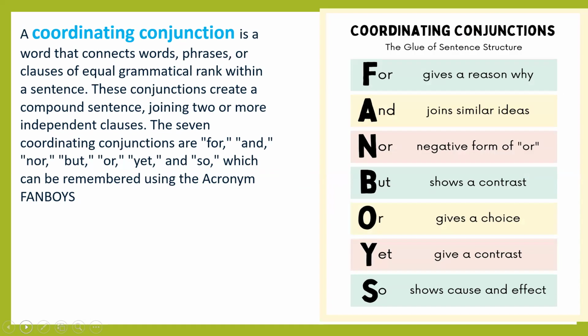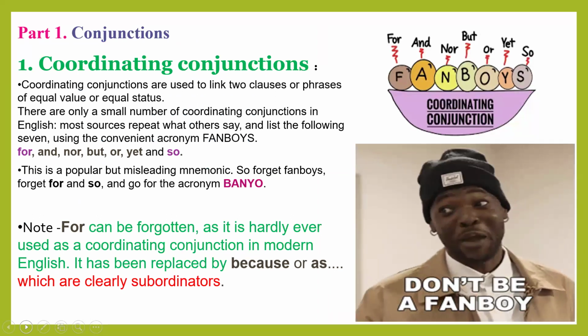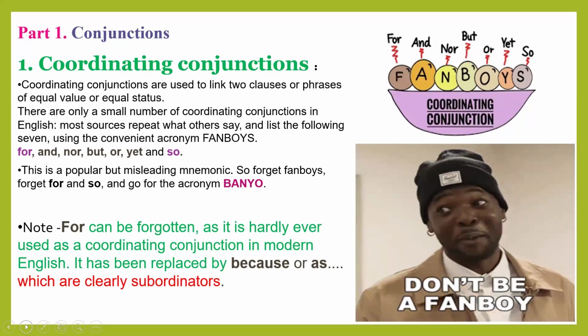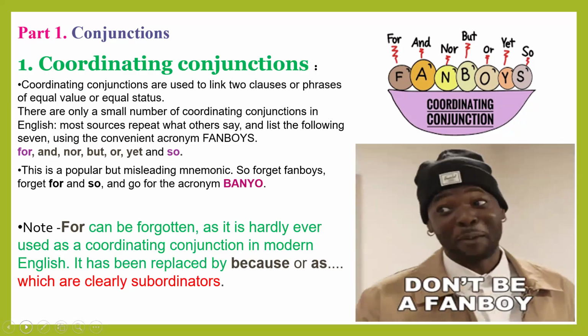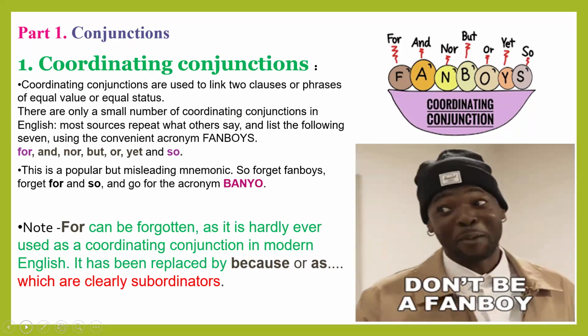Or with the help of this, we are creating a compound sentence joining two or more independent clauses. So coordinating conjunctions are used to link two clauses or two phrases of equal value or equal status. There are only a small number of coordinating conjunctions, so a simple mnemonic is FANBOYS.